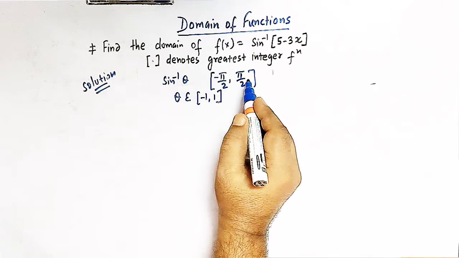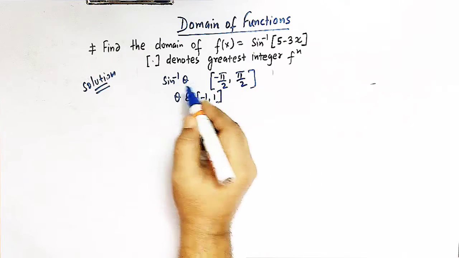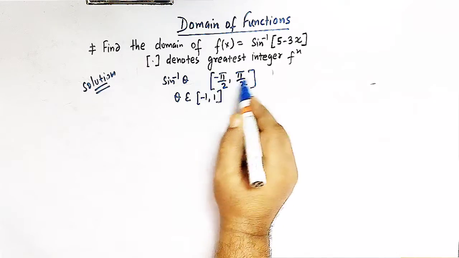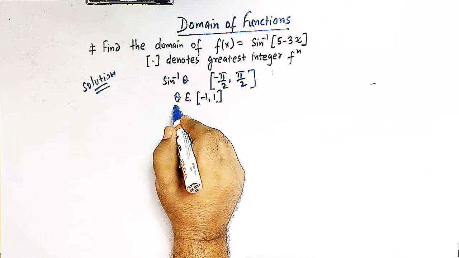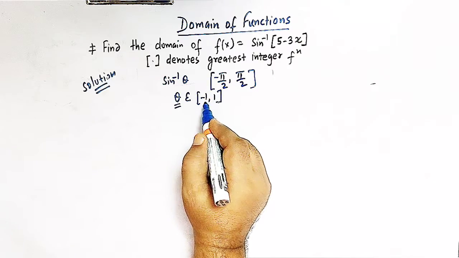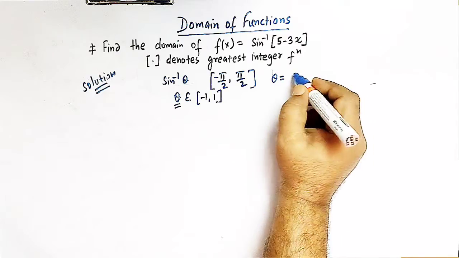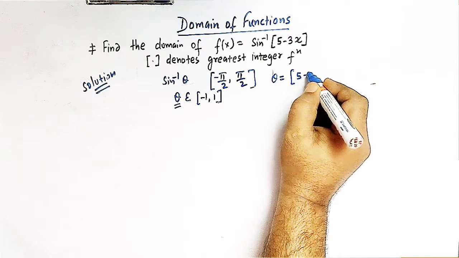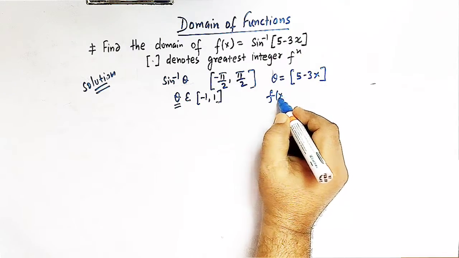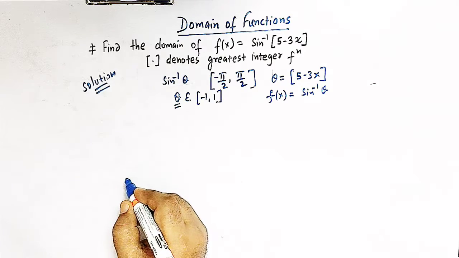We know that the principal value branch of sine inverse theta is minus pi by 2 to pi by 2, and this is a closed interval, for all values of theta belonging to the interval minus 1 to 1. So if we take theta as the greatest integer of 5 minus 3x, then this function f of x is equal to sine inverse theta, right?